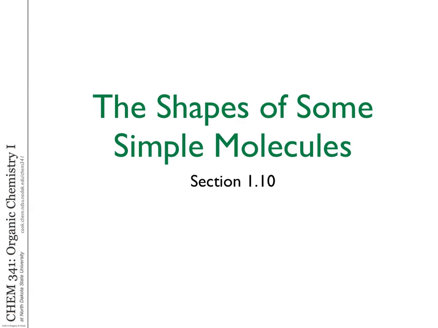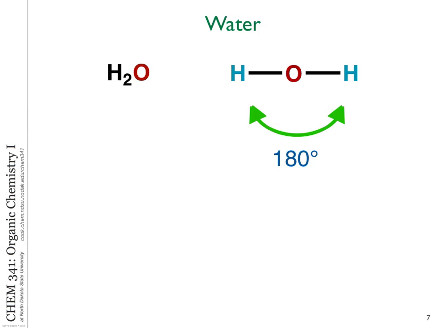We know that we can draw molecules in many different ways, but they have shapes to them in 3 dimensions. And that depends a lot on the hybridization, the types of orbitals, and the types of bonding it has. If you just think for a moment about a simple molecule like water, it has 3 atoms, 2 hydrogens, 1 oxygen. And if you think about how to draw that and get them as far apart as possible, you might think on paper you would just draw HOH in a straight line.